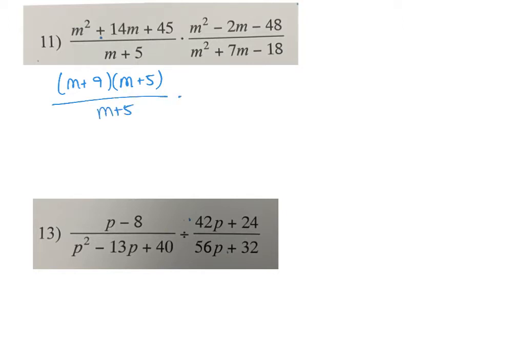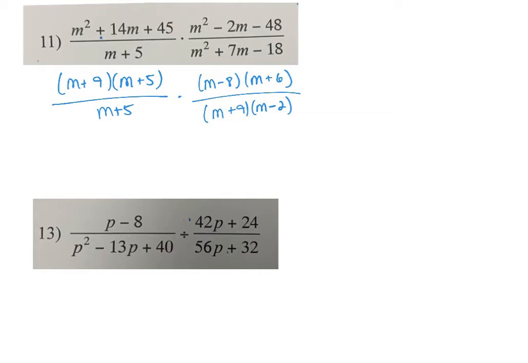Multiply. Factors of 48 that subtract to give you -2. Well, that's M minus 8, M plus 6. And then factors of 18 that subtract to give you 7 is going to be M plus 9, M minus 2. All right. And then I'm going to go through and see what I can cancel. All right.